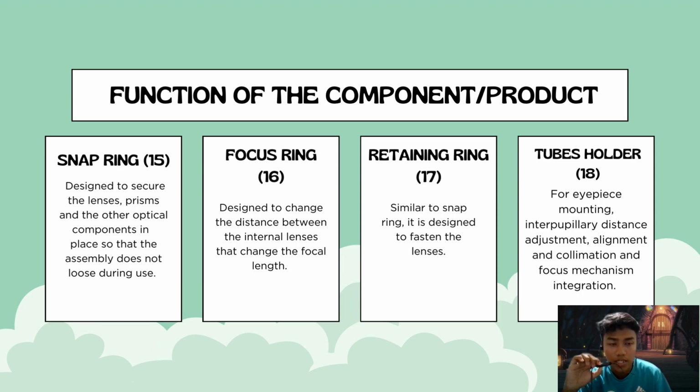And next, the retaining ring, similar to the snap ring, is designed to fasten the lens. And lastly, the tube holder, for eyepiece mounting, interpupillary distance adjustment, alignment, collimation, and focus mechanism integration. All of these parts are in the eyepiece of the binocular.